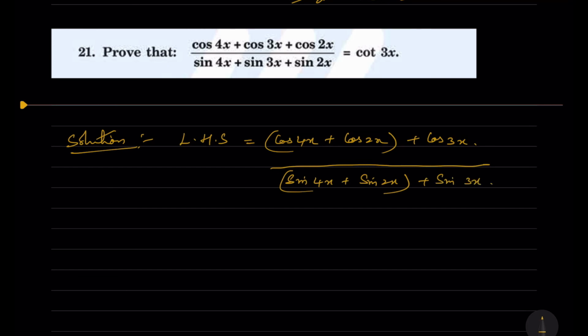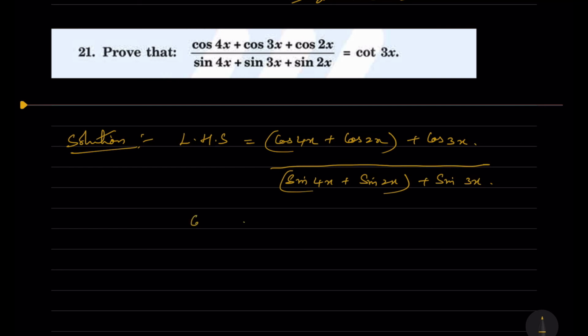So we are taking 4x and 2x together so that we can divide by 2 easily, because both are even numbers.